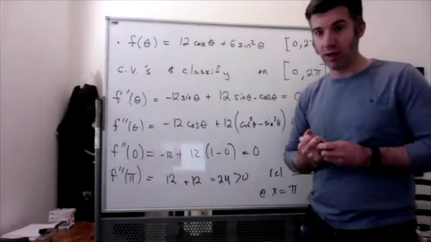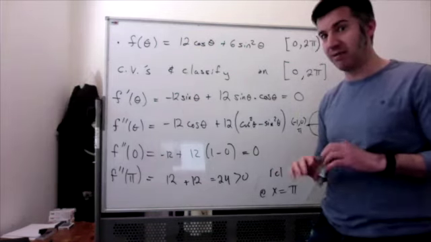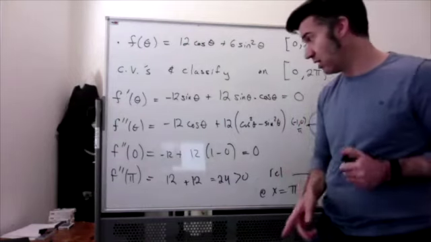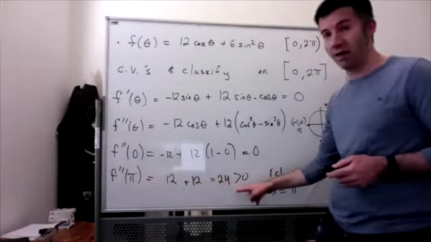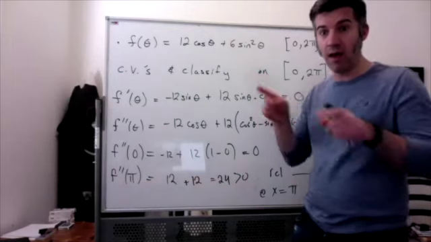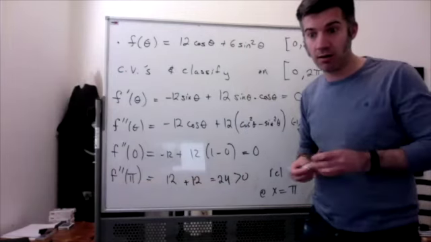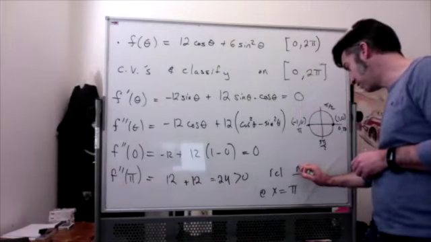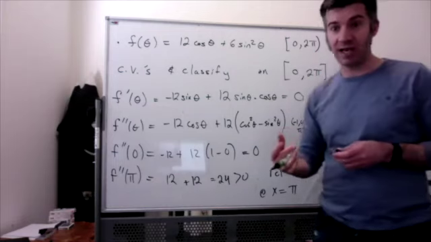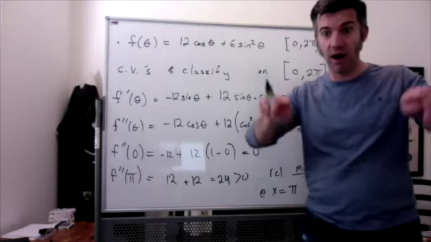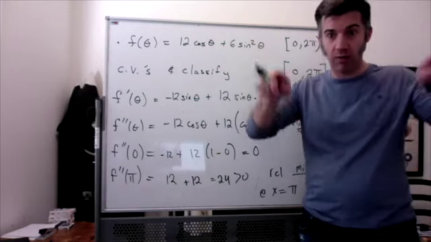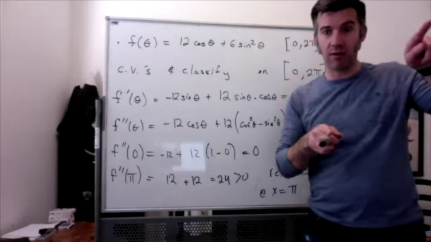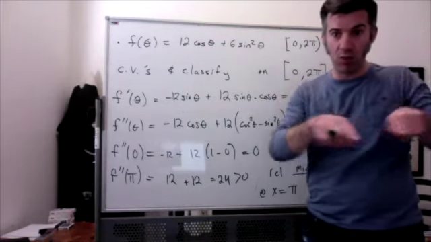Well, what I want to stress here is that it's easy to make a mistake using the second derivative test, right? If the second derivative is positive, that means we have a relative minimum. It's a relative minimum because the second derivative being positive means you're concave up, so you're opening upwards, and the critical point is at the bottom of that opening upwards part.